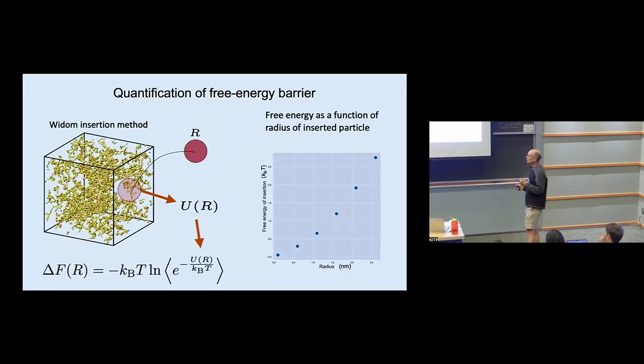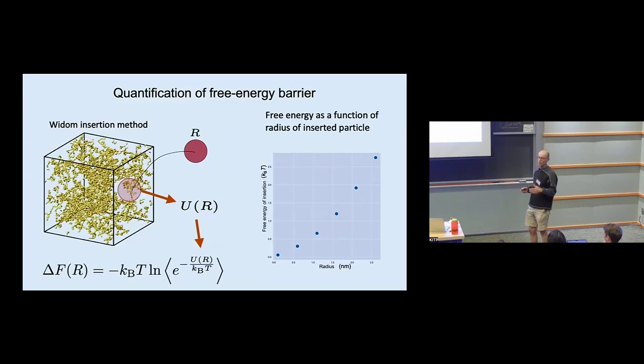First off, we can use this Widom insertion method, which is an exact result that says, well, you can think of this as some dynamical system of things moving around and reducing entropy, but everything here is really thermodynamics. This is all properties of these equilibrium systems, and there's a thermodynamic formulation in which you can calculate these free energy barriers just by trying to insert neutral particles inside of a condensate in random locations, calculating the energy of each insertion, and then taking an average of these Boltzmann factors.